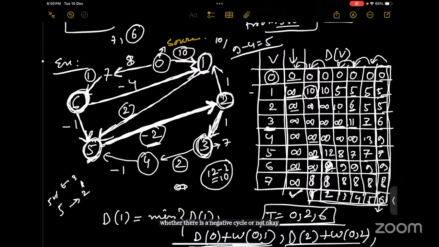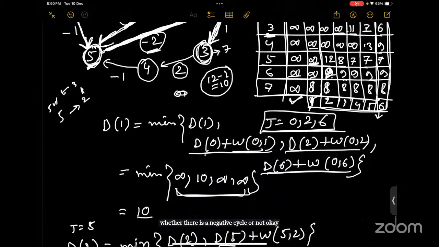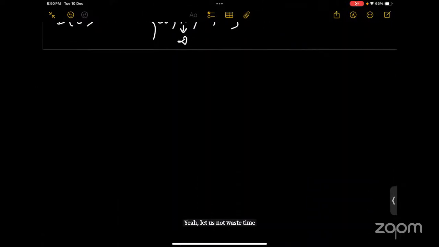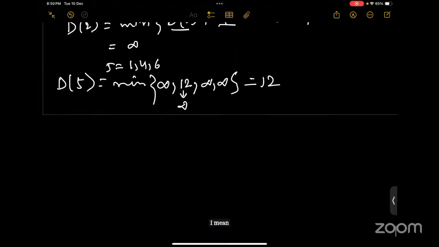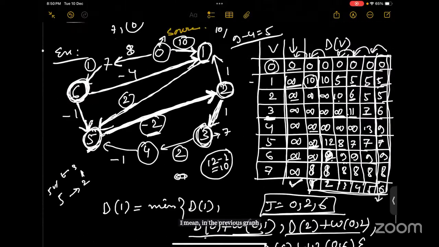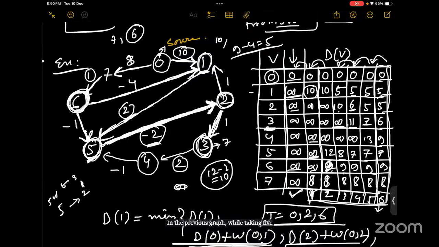Okay, let us not waste time right now on this because we have to cover so many things today, right? Excuse me, ma'am. Yes. Ma'am, in the previous graph, while taking 5, the incoming edges will be 4, 1, and 6 now.